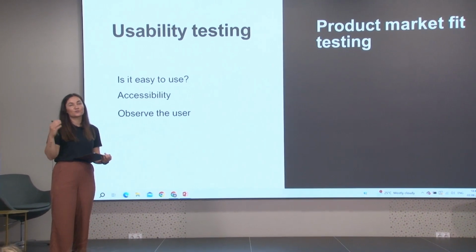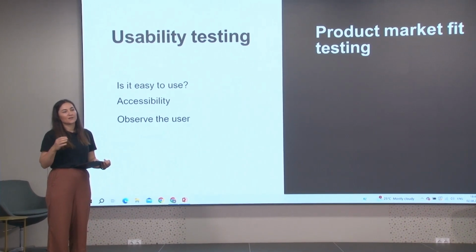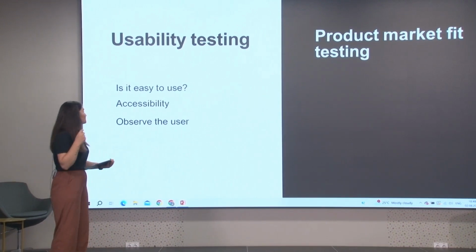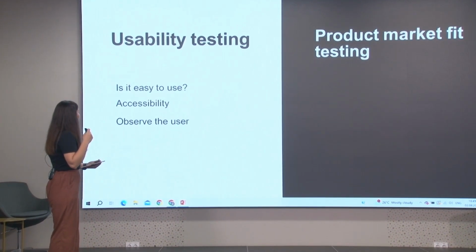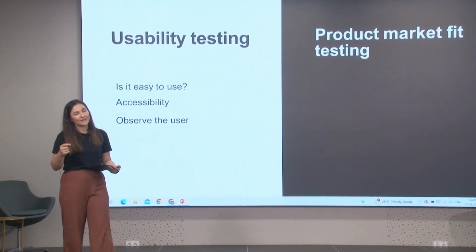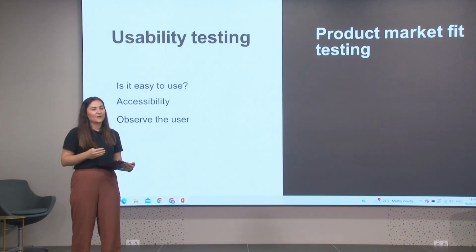Your product should never stop a person from using it just because they have a condition that you did not think about. I think accessibility is really important to test, and you can use plugins today. There are tons of plugin websites where you put your app and then you get all the gaps.